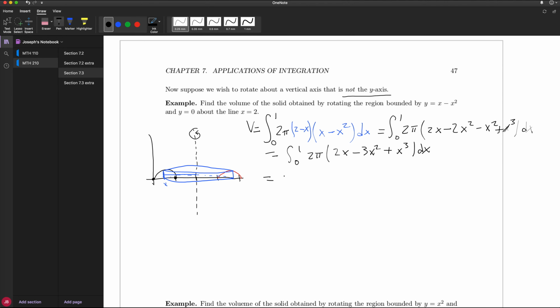And the antiderivative is then 2 pi, x squared minus x cubed plus x to the 4 over 4, which simplifies. We plug in 1, and we're going to get 1 minus 1 plus 1/4. Plug in 0, everything vanishes. And so it looks like we're going to get pi over 2. Okay.